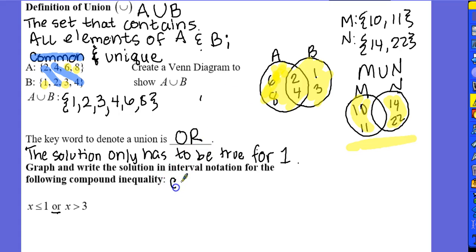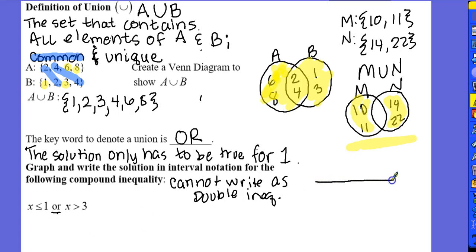Cannot write as a double inequality. Just make yourself a note so that you don't forget that for later. Unions are never written as a double inequality. Okay? All right. So we have this statement here. I'm going to graph it over here.